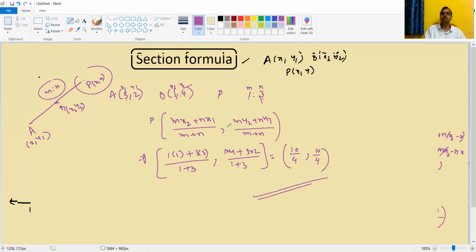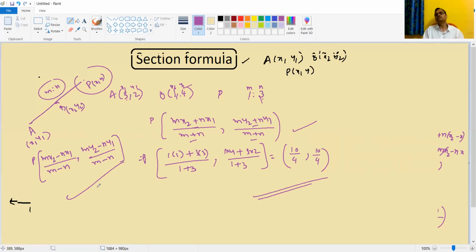Then your formula will be mx2 minus nx1 by m minus n, comma my2 minus ny1 by m minus n. So this is the formula to find the coordinates of point P which divides AB in the ratio m is to n externally. Instead of the plus symbol, we will get the minus symbol.